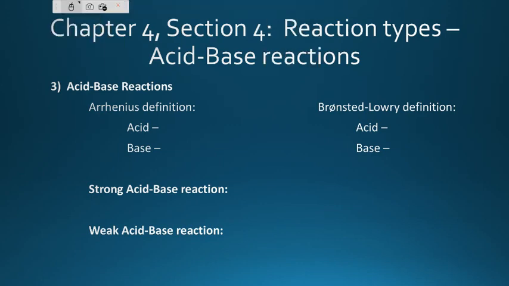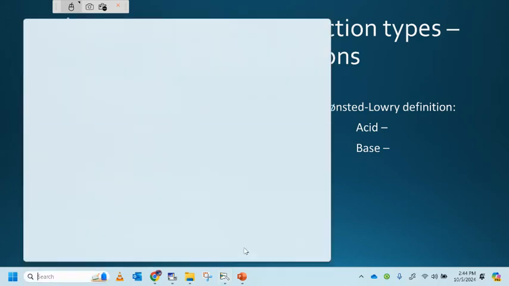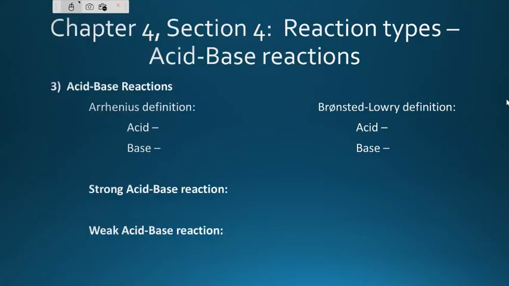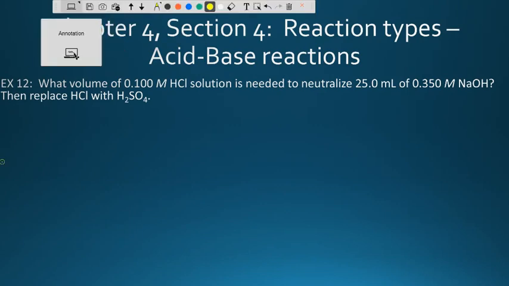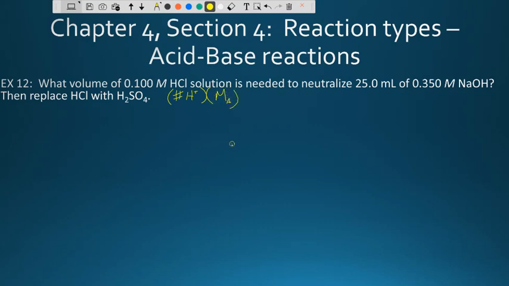For now, we're just going to be taking a look at some strong acids and get into the other mechanics later on. Okay, so let's take a look at what we can do with problems like this. If I take a solution and I have a certain concentration of it, there's an equation that can go in there. I'm going to use the number of hydrogen ions that are going to be given up as a function of the molarity of the acid as well as the volume of the acid.